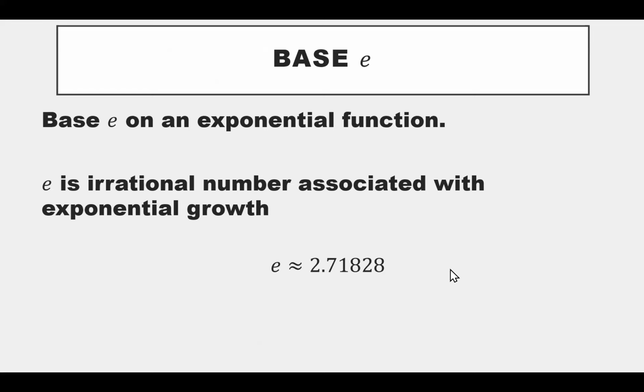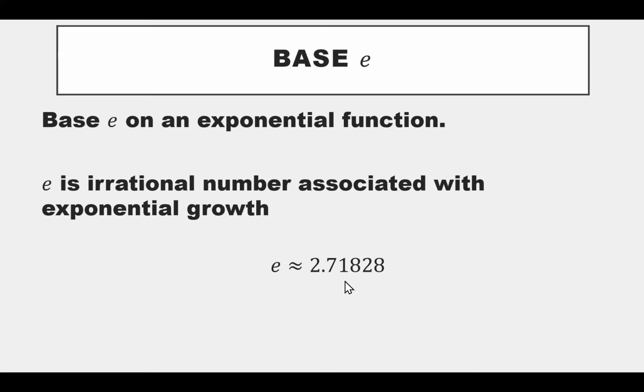It actually comes from a limit of growth, which we may see later. That will not be in this video, but maybe later on in mathematics, you'll see where this e specifically comes from.